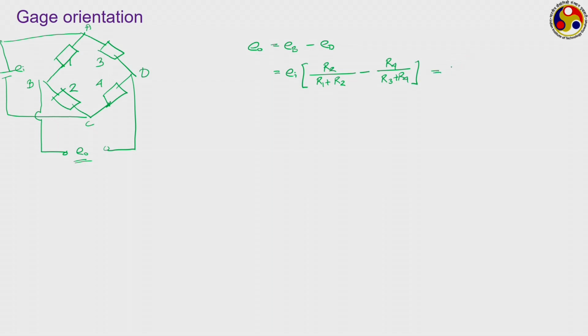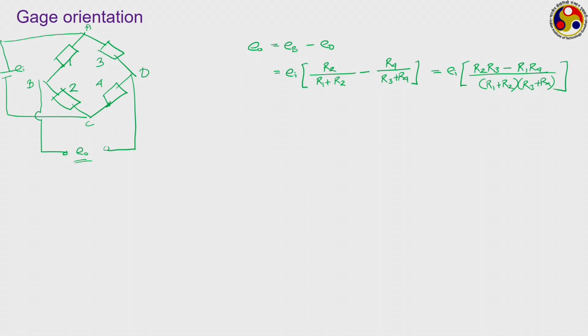If we simplify this, then we have R1 plus R2 into R3 plus R4 in the denominator, and in the numerator we have R2 R3 plus R2 R4, which cancels out, minus R1 R4. So, this is what we are having in the numerator.